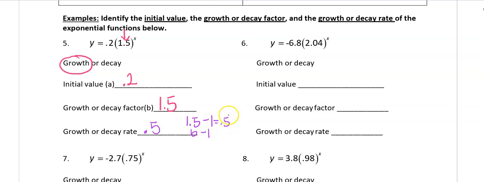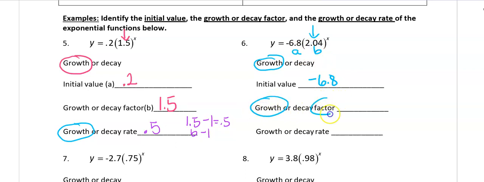So if you can look at it and tell, that's fine. If not, write that math down. Let's look at our next one. Our next one is a growth. Sorry, I forgot to circle growth right there. The initial value is -6.8, so none of that changed. The B value, the growth factor, is still 2.04.